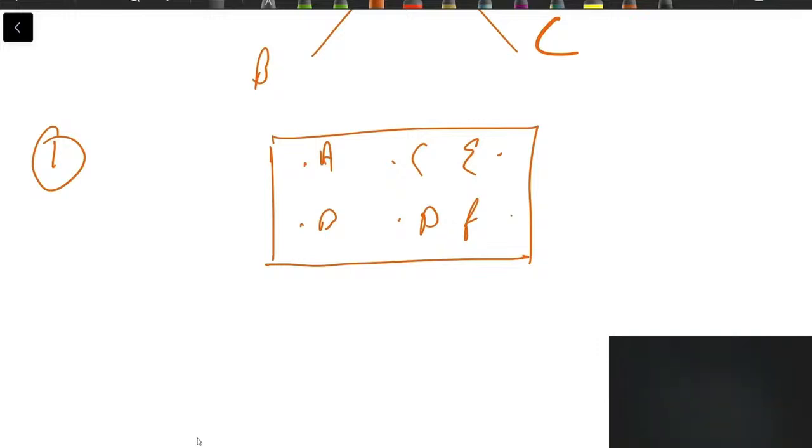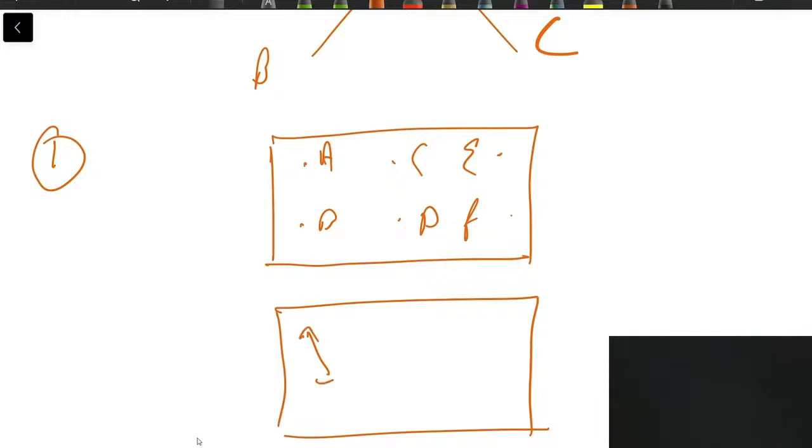So let's take this one. This is a line segment L1. This is another line segment L2. This is line segment L3. All these lines belong to the same coplane.